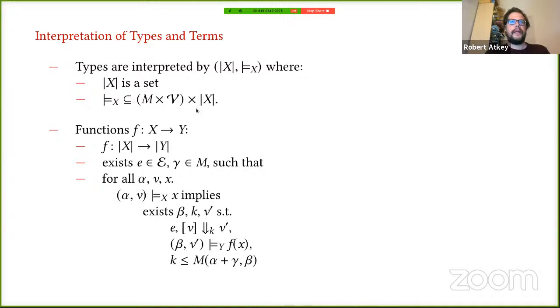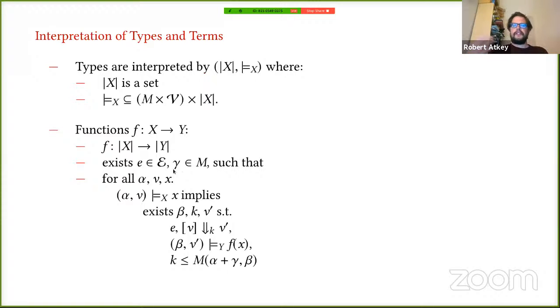And then a function from X to Y is an extensional function. So this is what I was saying about everything having an extensional constituent, such that there exists an expression which interprets it and an amount of potential that goes with it.